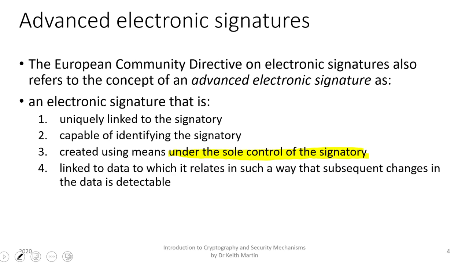So if there's even a small change in the data, it should be detected by the change in the digital signature. The original digital signature would become invalid, so it will not be verifiable. So that is also a requirement. These four things in a way would define what we would expect from an electronic signature or a digital signature infrastructure when we want to use it.